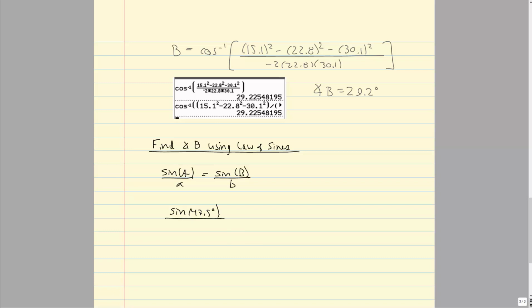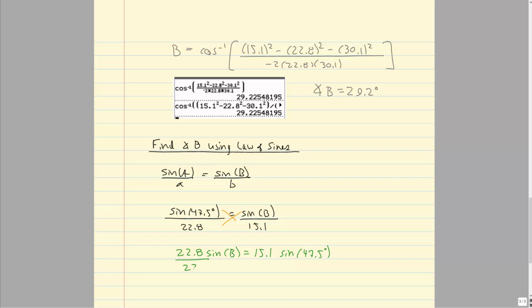Side A is 22.8, equals the sine of B over side B, which was 15.1. So when I cross multiply and divide, what I end up getting is 22.8 sine of B equals 15.1 times the sine of 47.5 degrees.